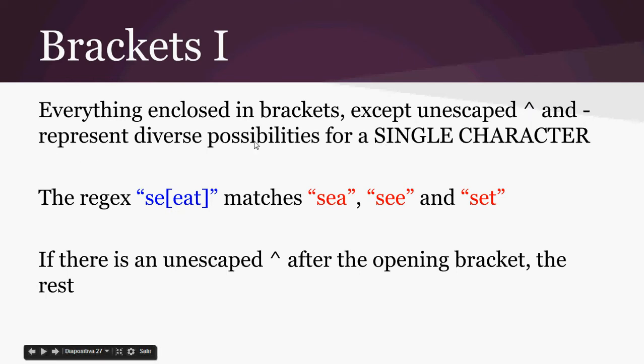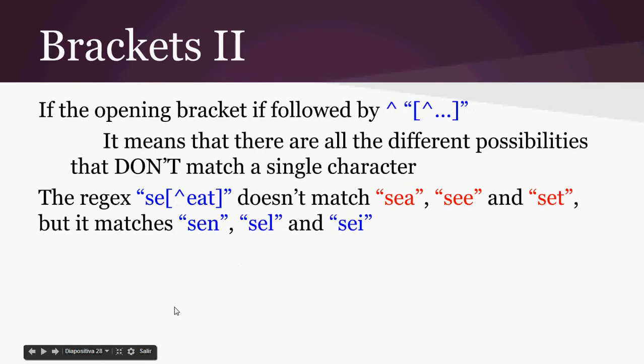The brackets. Brackets mean that everything enclosed in brackets, except on escape, caret, and dash, presents diverse possibilities for a single character. Consider the following regex. S[EA]T will match with C, writing this way or this way, or the word set. If there is a non-escaped caret, it has another meaning that we explain next. When we have the opening bracket followed by the caret, it shows all the different possibilities for a single character that don't match.